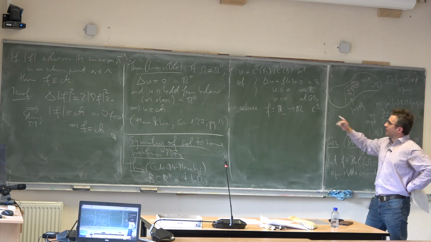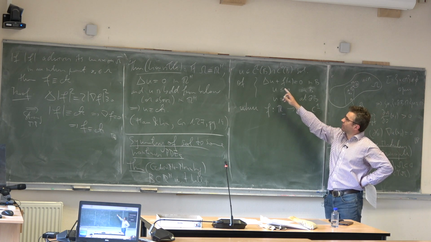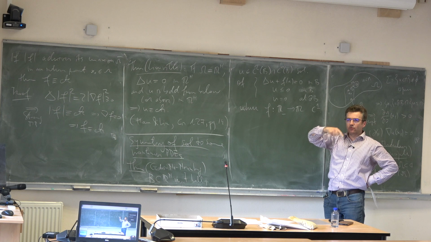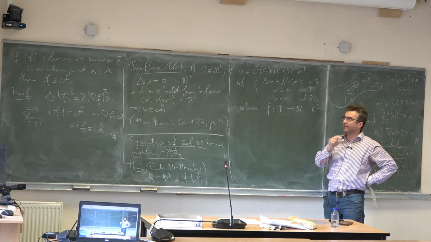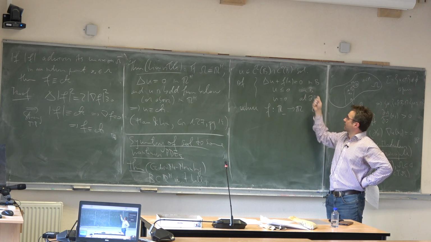Then you can prove that such a u is invariant with respect to any rotation. So in particular, it's a function that depends only on the radius inside the ball.